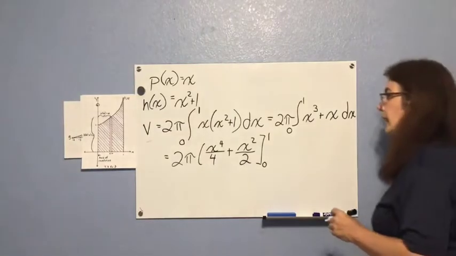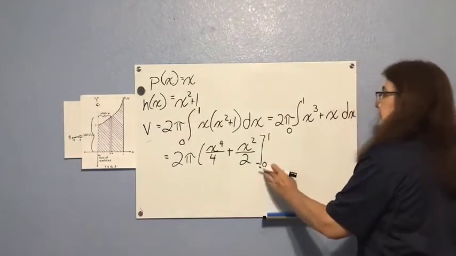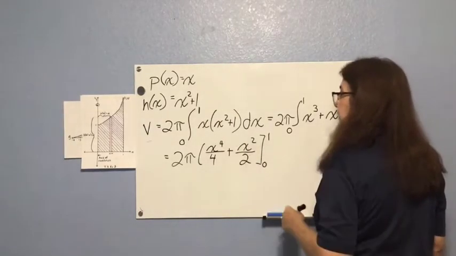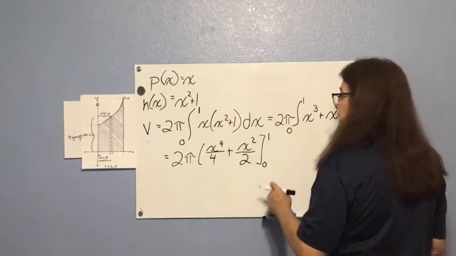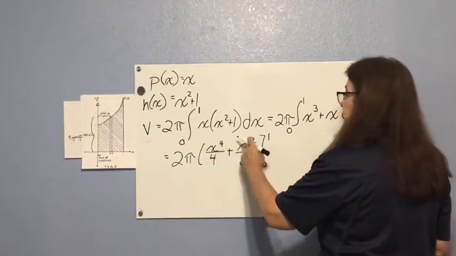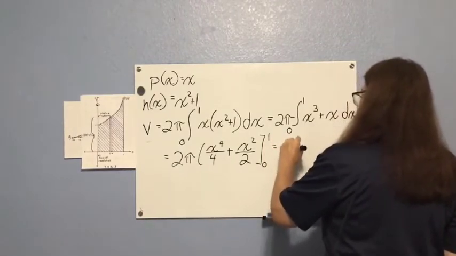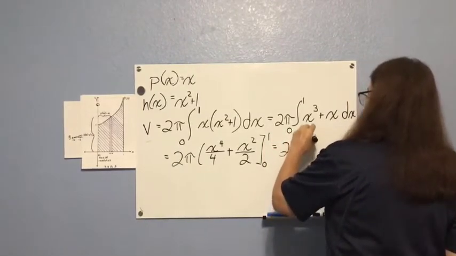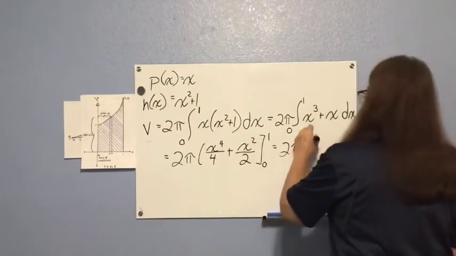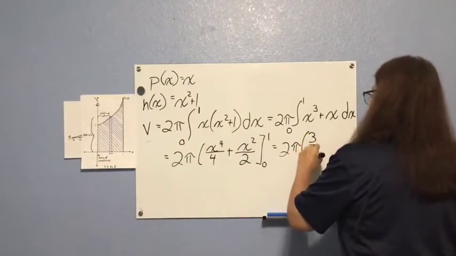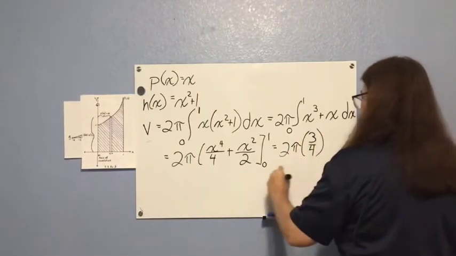Okay, when I do that, the 0 is going to give me zeros both places, so I don't have to worry about that. The 1 will give me 1/4 plus 1/2, so that's 2 pi times 3/4.